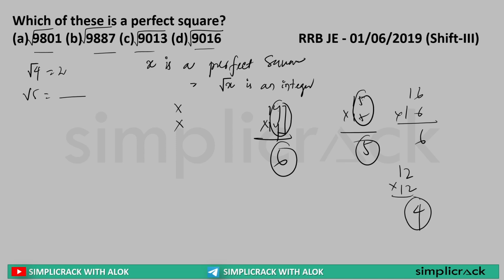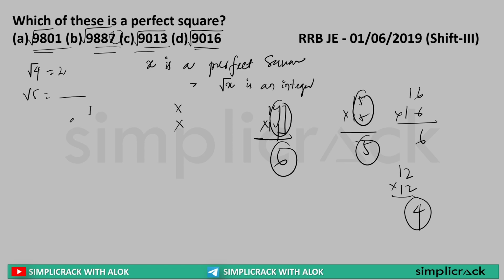Yes or no? Yes. That means in all these questions, the unit digit is the multiplication result of the unit digit of that number. Yes or no? Now understand this. 1 is there.